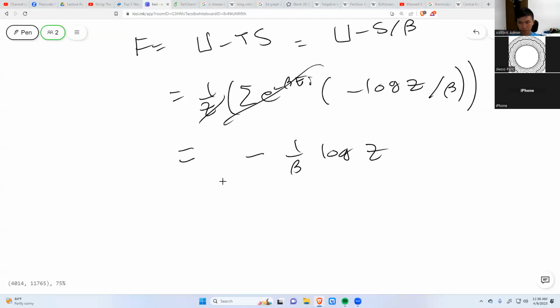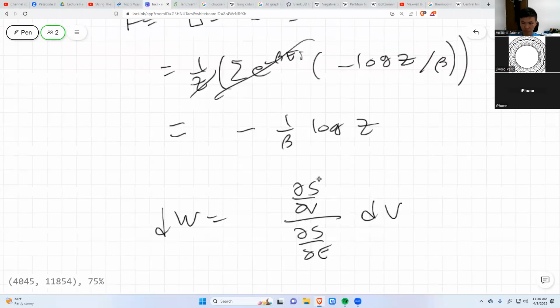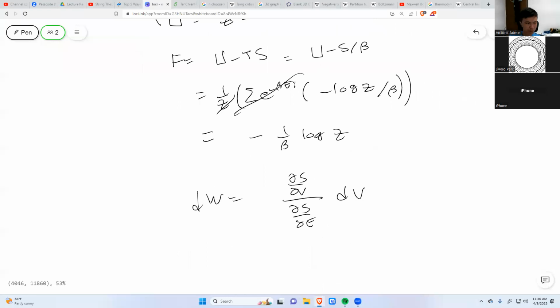The reason why you have to use the Gibbs entropy, and this is super important, is because, as I said, dW is equal to partial S over partial V divided by partial S over partial E, times dV. Now let me tell you how you prove this.